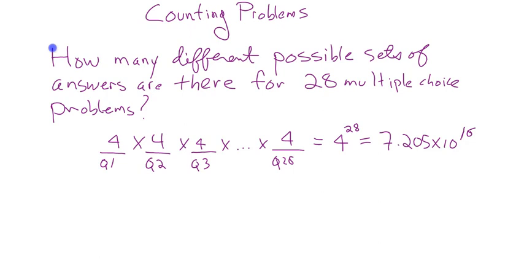Okay, so an exponent of 9 would be a billion. 12 is a trillion. 15 would be a, I don't know, quadrillion, I guess. I don't know if that's actually a technical thing. So this would be 72 quadrillion possible ways of answering this, right?